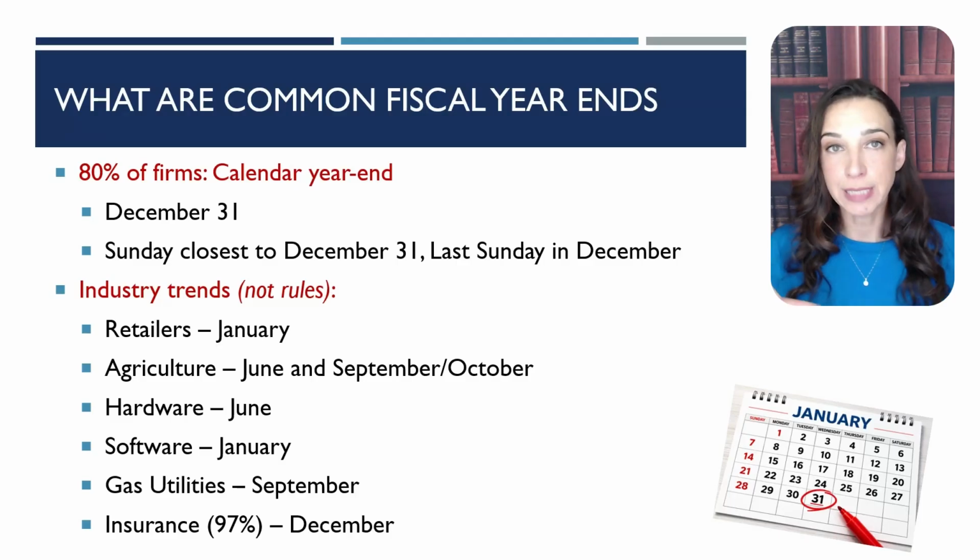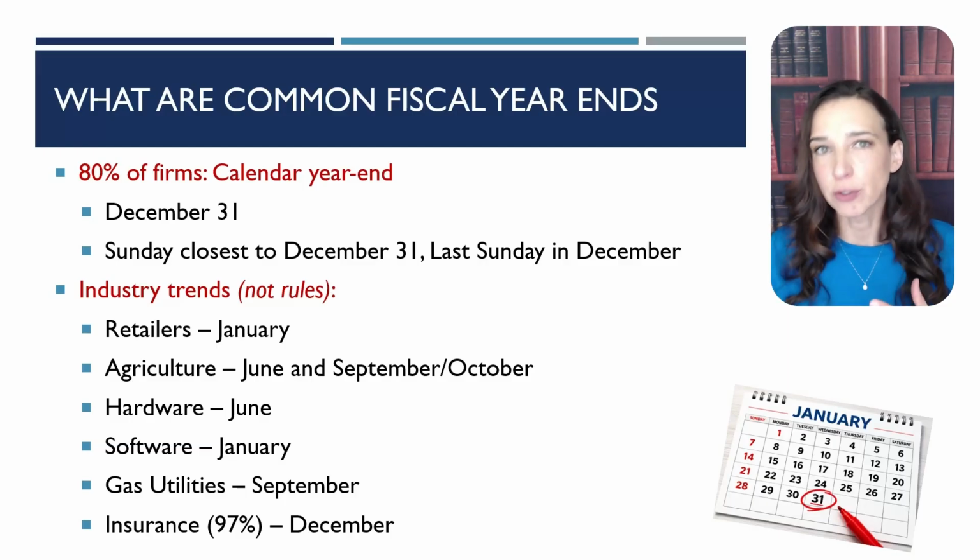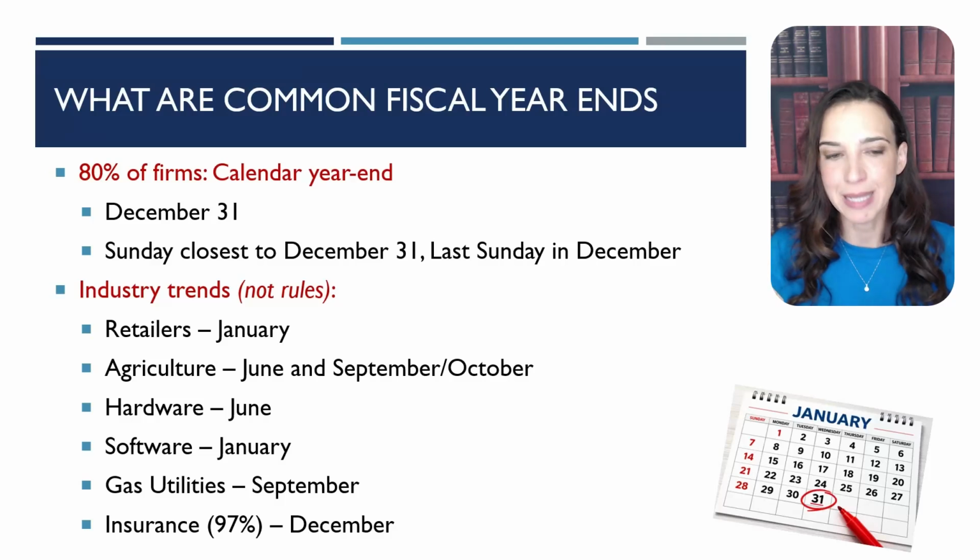So January is almost like for retailers. It's a little better for them, a little bit quieter, a little bit after the hassle of the busy period. Gas utilities, September. Insurance is an example of an industry which is almost all in December because it ties to their insurance regulatory filings as well. So for them, it's natural.